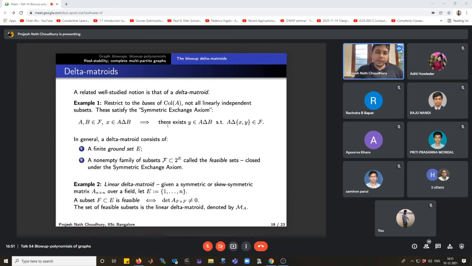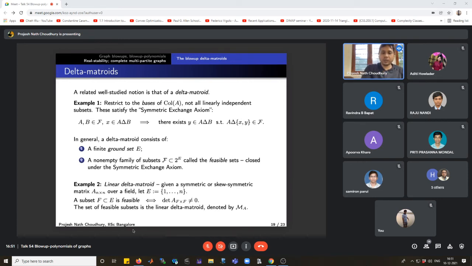Each symmetric or skew-symmetric matrix A with the ground set E forms a delta matroid, which is denoted by M_A. Here a subset of E is a feasible set if and only if the corresponding principal submatrix of A is invertible.